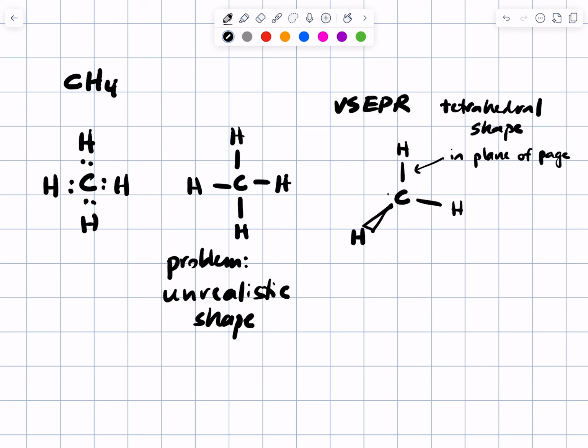And that this hydrogen with a dash is angled down towards the left, but pointing away from you, such that if you could rotate this molecule around and examine it from all possible angles, you would see that all of the bond angles are about 109 degrees. Some of you know that that's 109.5, which is good for you, but we don't need that many significant figures, or really any significant figures in this class.